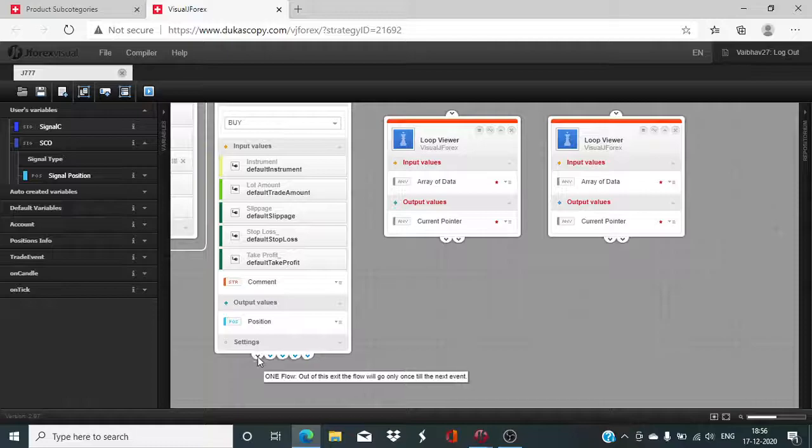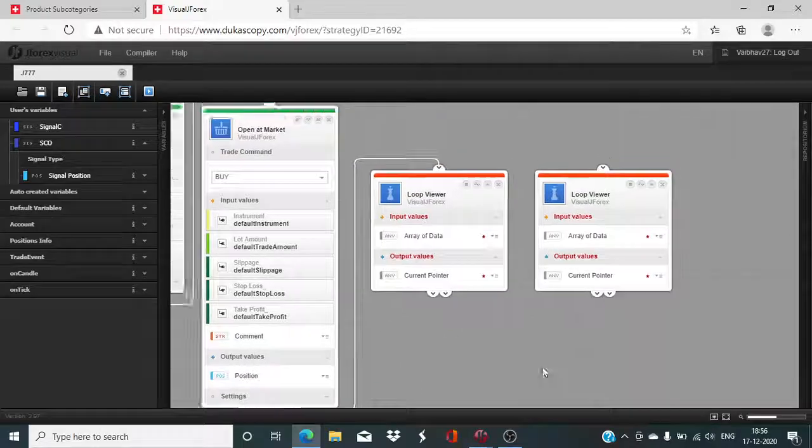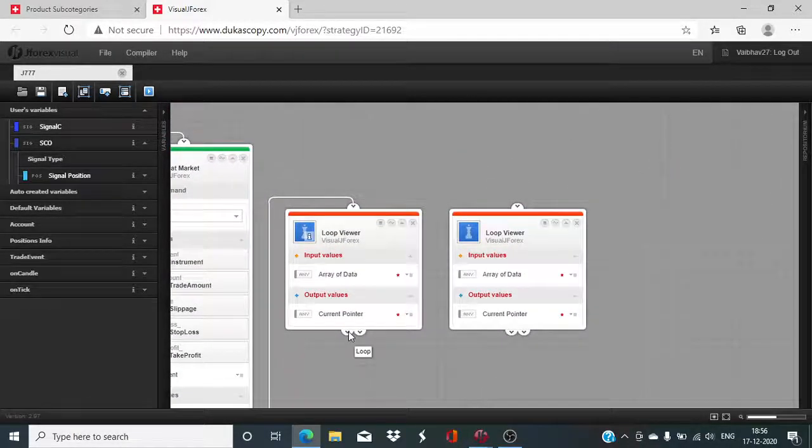So we have to now take this one flow and the loop should continue.